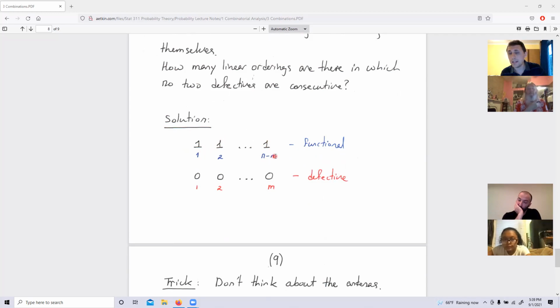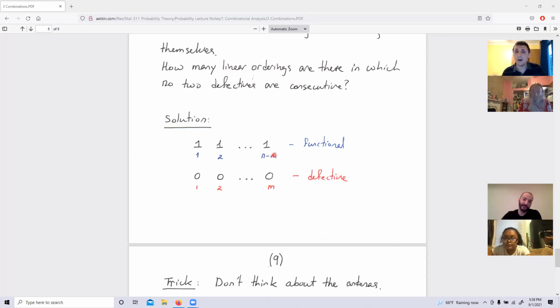If there are n minus m functional antennas, then we have a first space before the first antenna, a second space before the second antenna, all the way until we reach the n minus mth space before the last functional antenna, and one more space. So in total, there are n minus m plus 1 spaces.